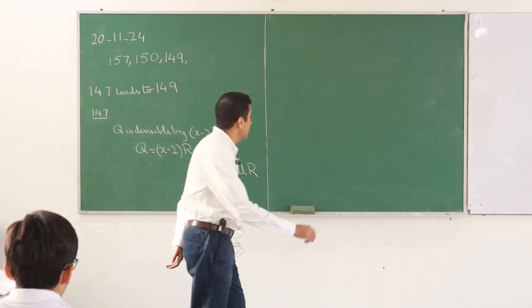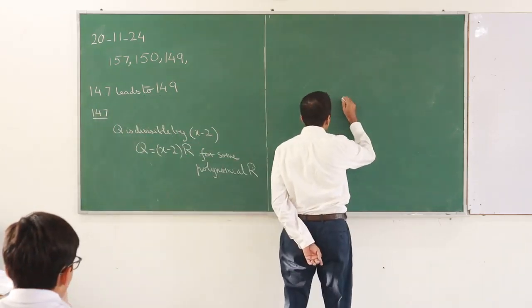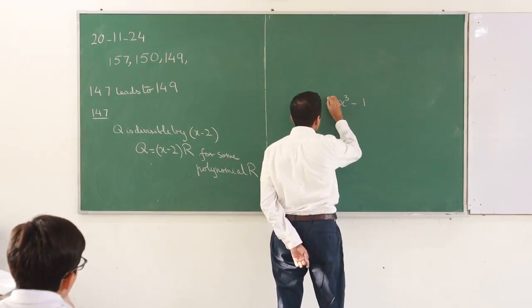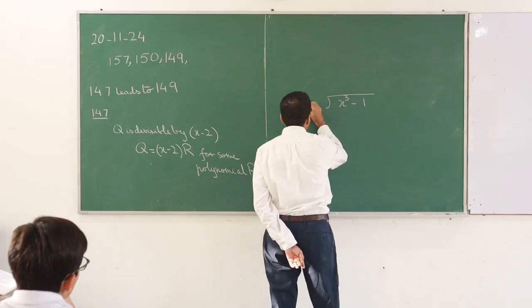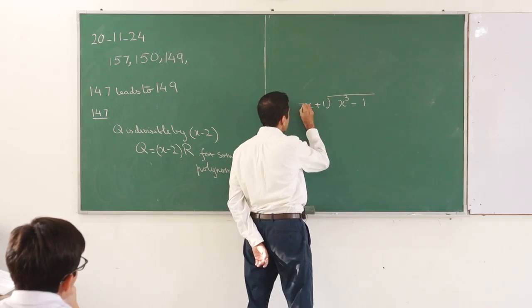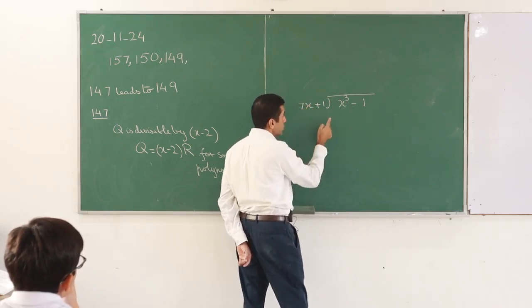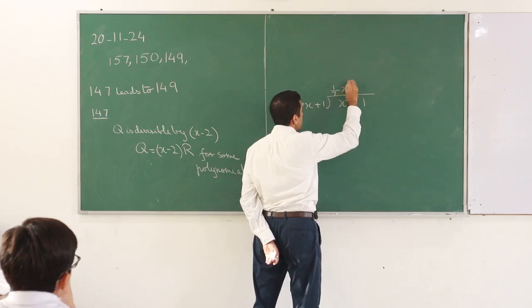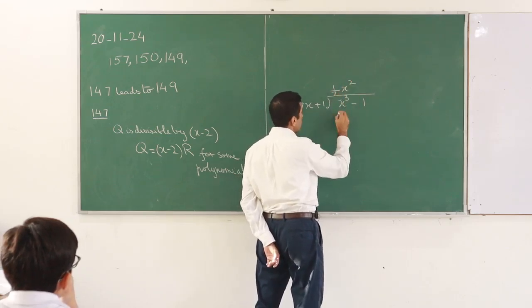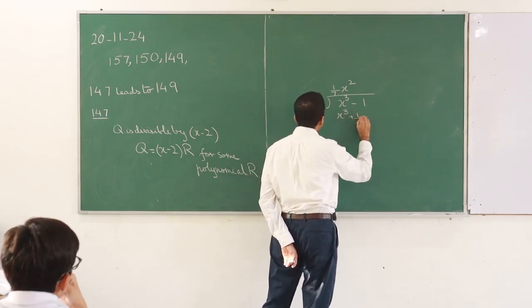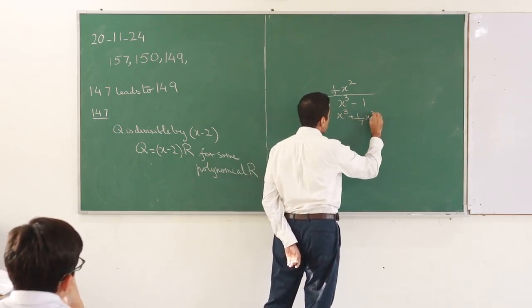So if you try to divide, let's try to divide x cubed minus 1 by, let's say, x plus 1, so you try to match the degree. You say it is 1 over 7x squared, and you will get x cubed here, and you will get plus 1 over 7x squared.